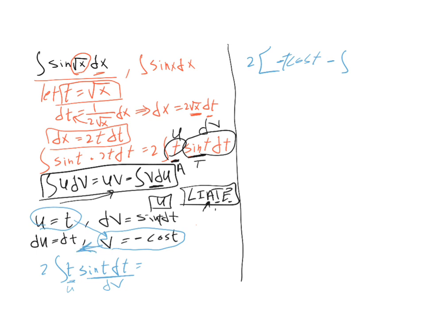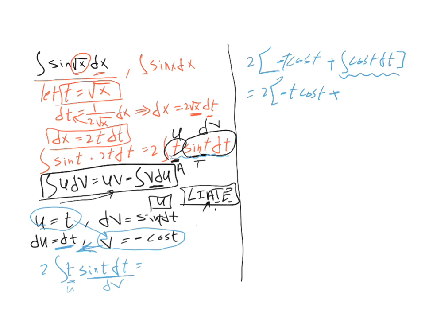v is negative cosine t, and du is just dt. Negative negative will be positive cosine t. So it equals 2 multiplied by negative t cosine t plus integration of cosine t dt. As we see, this integration is much simpler than the original integration, t sine t, which is more difficult.